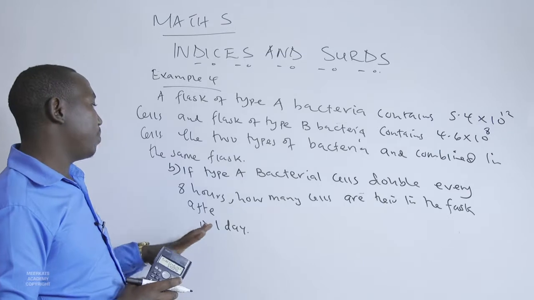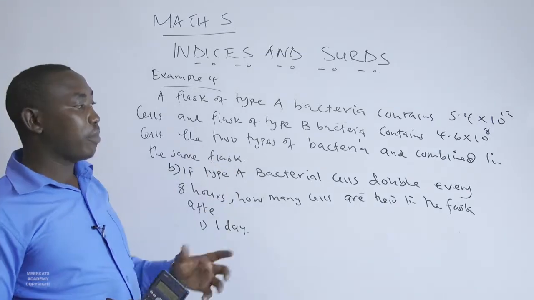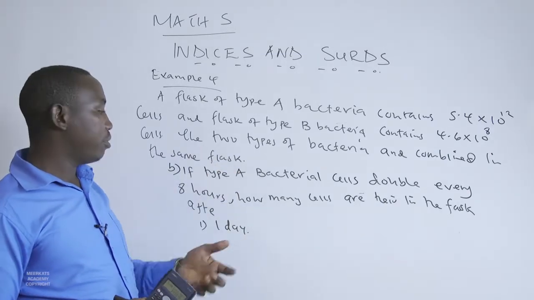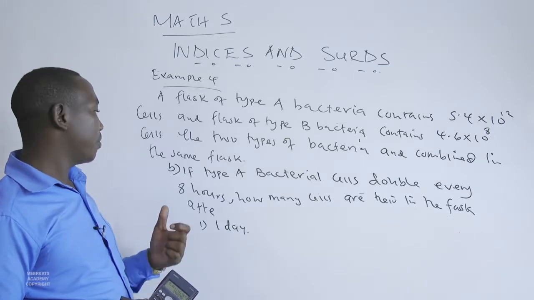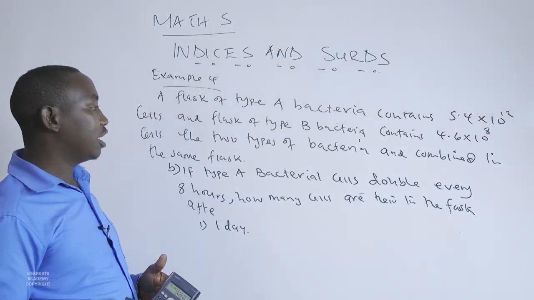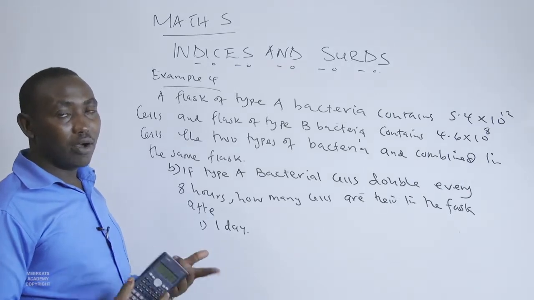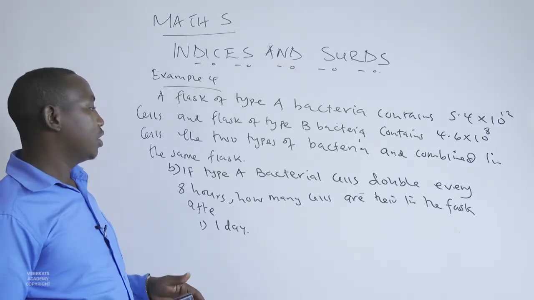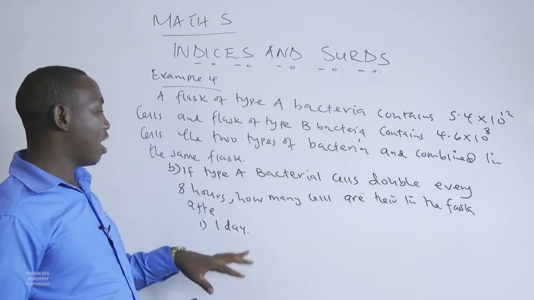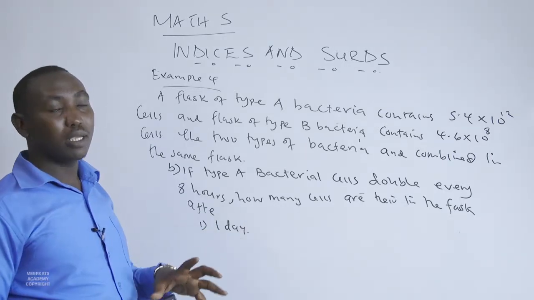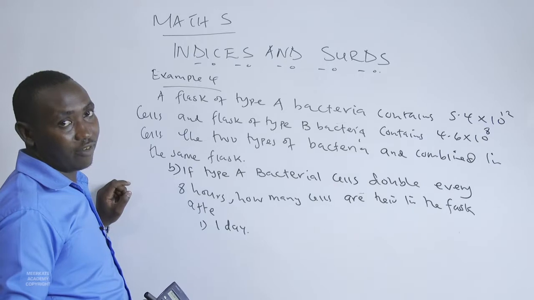We are told that those of type A keep on doubling every 8 hours. That means after 8 hours they will have doubled. After another 8 hours they will have doubled again. So after 1 day, how many cells shall we be having?